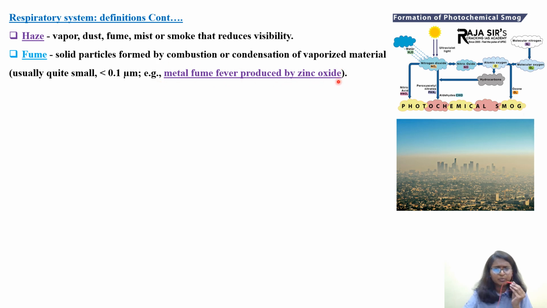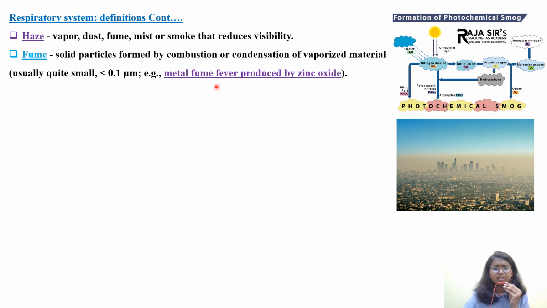One of the important topics in DABT is that they will ask which of the following metals will cause metal fume fever, and one of the options will be zinc. There are some other metals which also cause metal fume fever. Take this as homework and go back and check. In some other video, I will definitely list out all the metals which cause metal fume fever. In my previous slide, when we were discussing mercury, I discussed mad hatter disease.